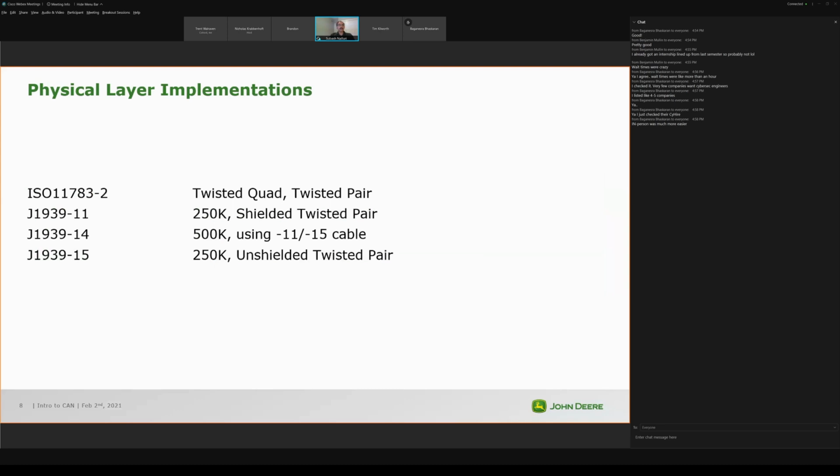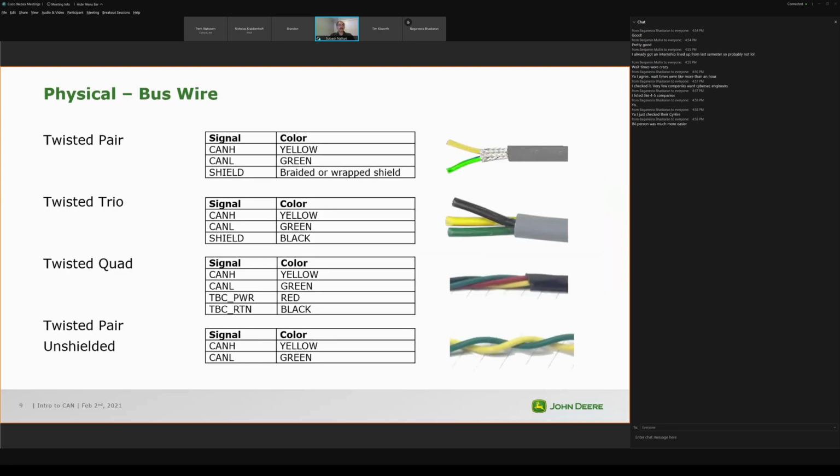And these are the two standards that we will be talking about more in the next few slides. And here are a few possibilities of physical bus where you could use a highly expensive shielded 2-wire or 3 wires, but in John Deere we use primarily twisted cord and twisted pair unshielded.